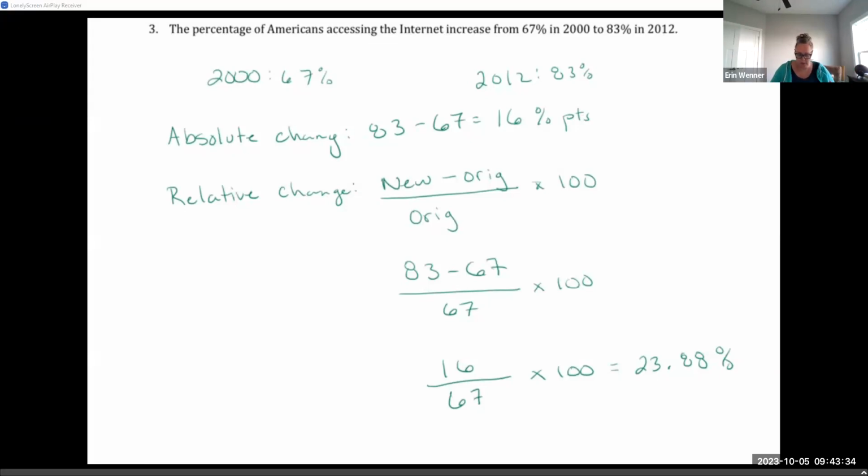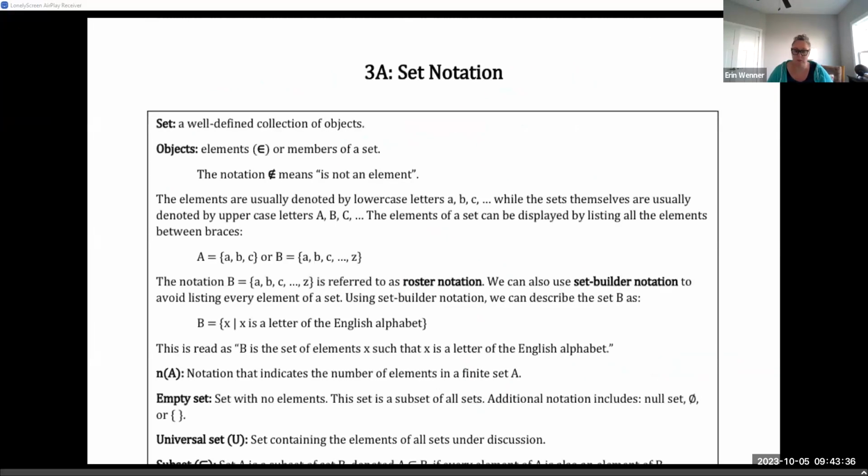Unit 3 is a very short unit. It's only 4 sections, 3A, 3B, 3C, 3D. And unit 3 is our probability unit. We just touch on probability a little bit, and then when you go on to your next class after this, that will be expanded upon.